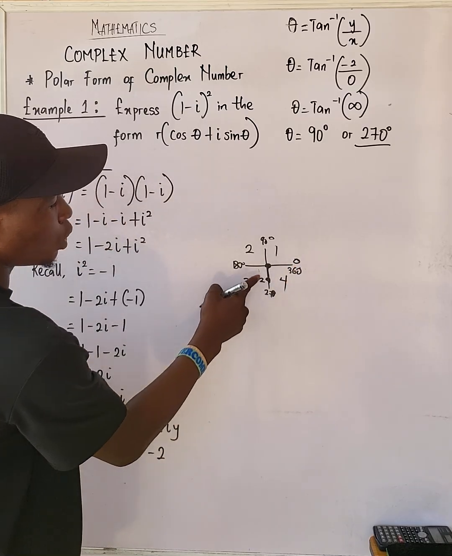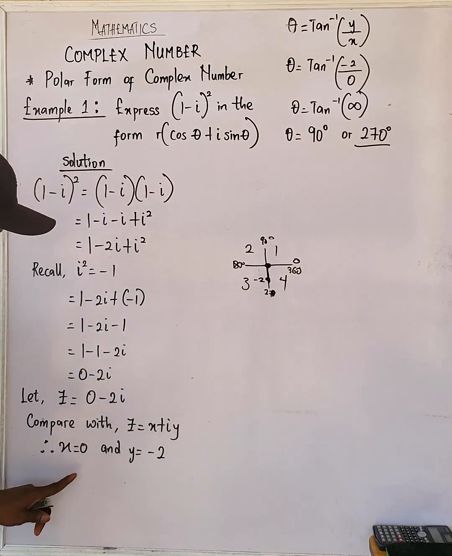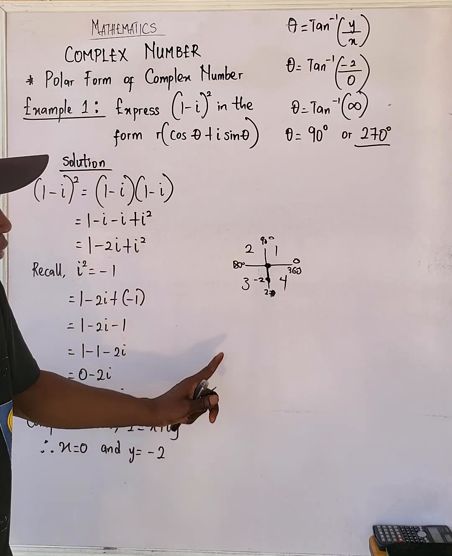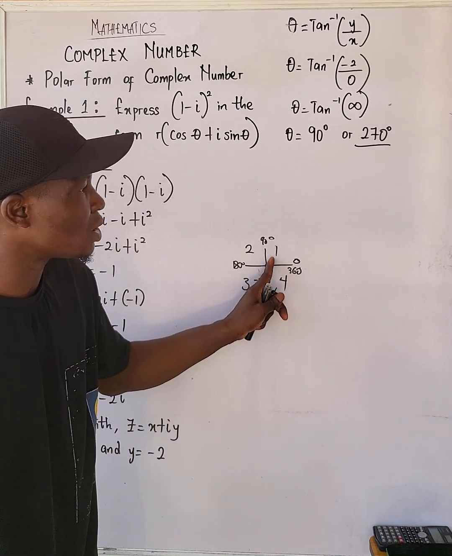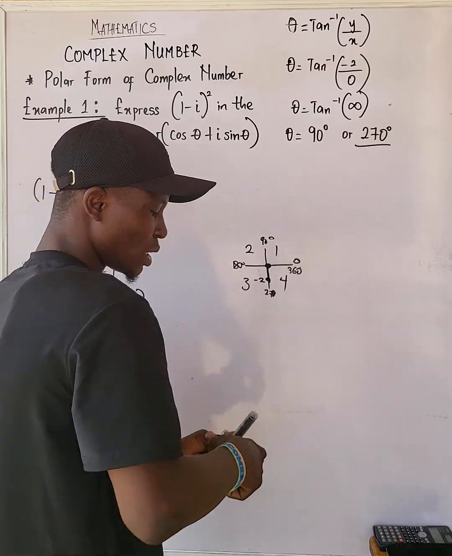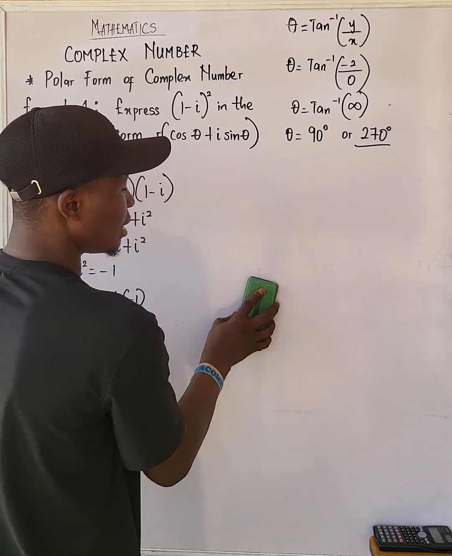So you see that, which one am I going to pick? The y and the x, the values of my Cartesian form fall on the what? Third quadrant. So I can't pick what? 90 degree. So I'm picking 270 degree. You understand it now?